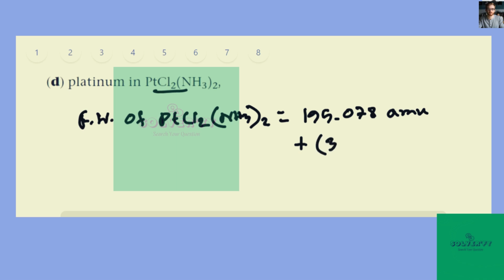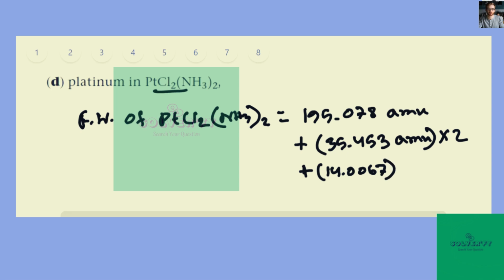And we have 2 chlorine that we multiply by 2, and then we have 2 nitrogen. Nitrogen has an atomic weight of 14.0067, and we have 2 nitrogen, multiplied by 2. And finally we have 6 hydrogen, 3 times 2 is 6.